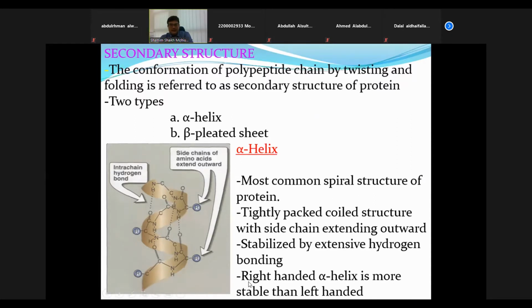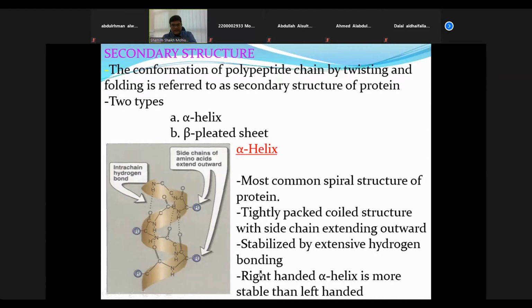One thing you should know: the right-handed alpha helix is more stable than the left-handed. Right-handed means the coiling is clockwise. Suppose you rotate it to your right side, you get the right-handed alpha helix.